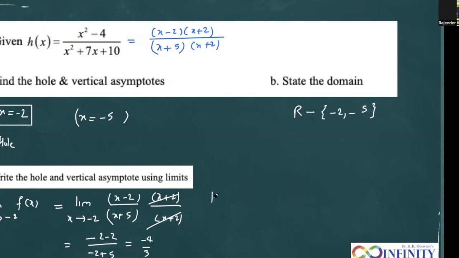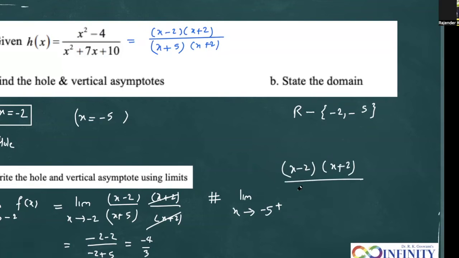Now you need to find the vertical asymptote. For the vertical asymptote, I'm just requesting you to try x tends to -5 from the positive side. Okay, so x minus 2, x plus 2 divided by x plus 5, x minus 2, x plus 2, sorry. These two cancel out without any issue, so I'm not interested there, and I can remove them.